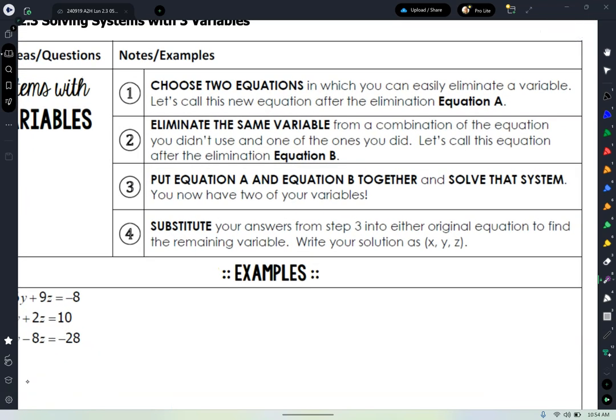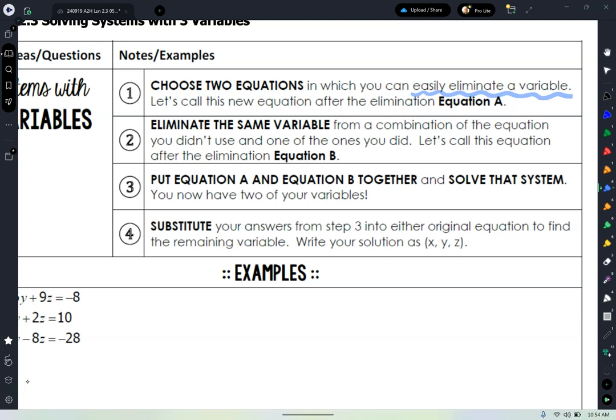Okay, so here's what we're going to do. We'll walk through this process real quick. We have three equations in three variables, all right? We're going to choose two of our equations, and we're going to figure out how we can easily eliminate a variable. If you want to highlight or underline, the first step is we're going to pick two of the three equations where we can easily eliminate a variable, so we get it down to two variables, okay?